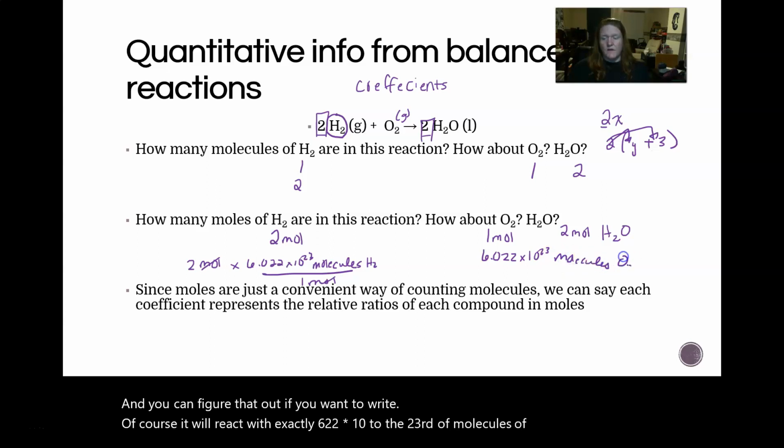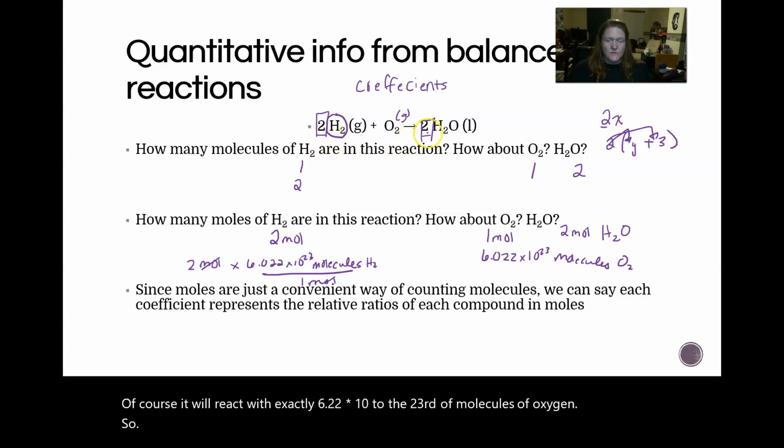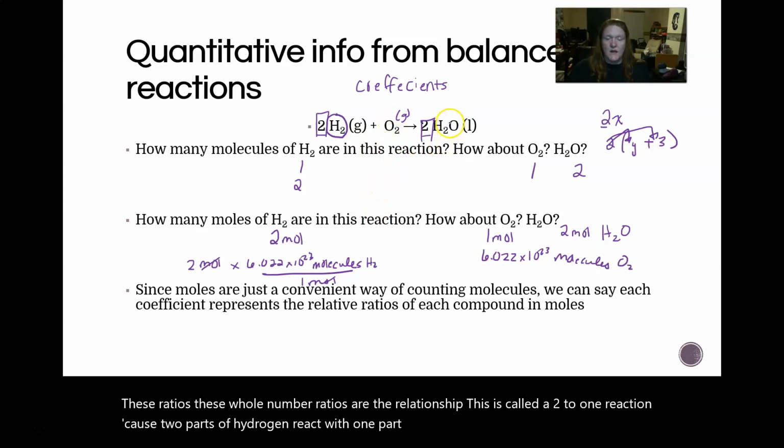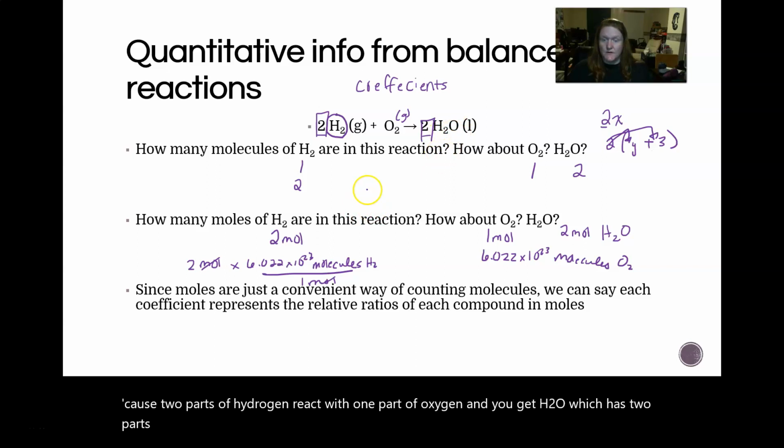Okay? So these whole number ratios are the relationship. This is called a 2-to-1 reaction because 2 parts of hydrogen react with 1 part of oxygen, and you get H2O, which has 2 parts hydrogen to 1 part of oxygen. Okay?